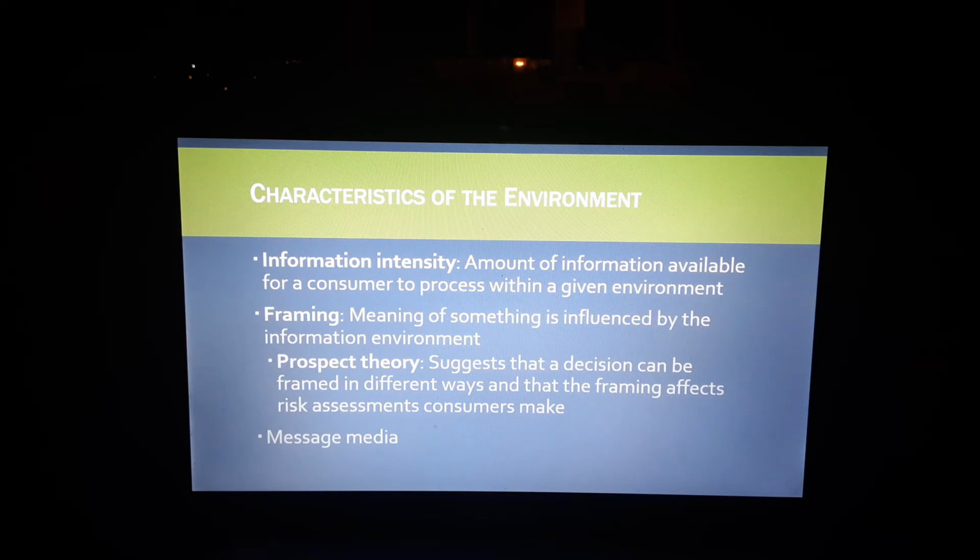On the side of a bus station, a bus shelter, we might look at things differently than if we were seeing something in a newspaper or magazine. The consumer will take that situation, that context.